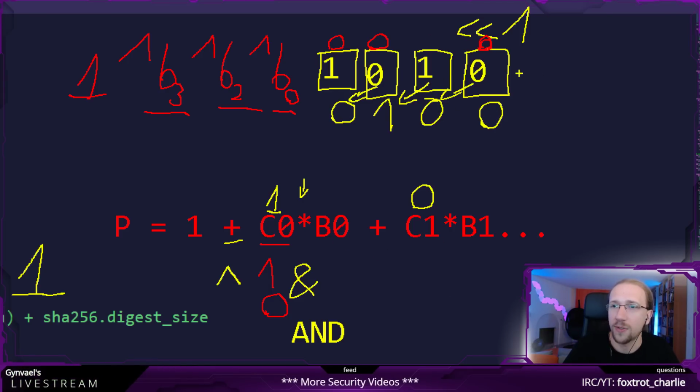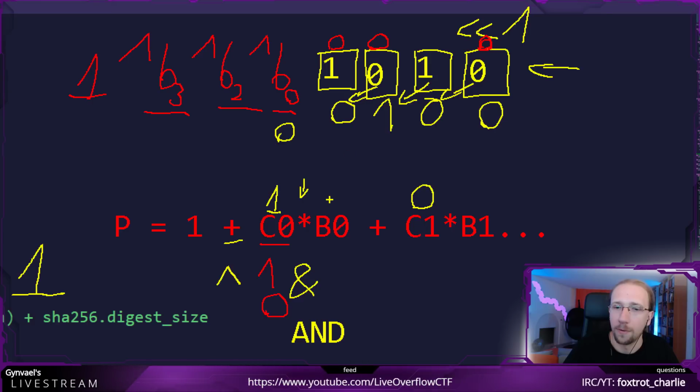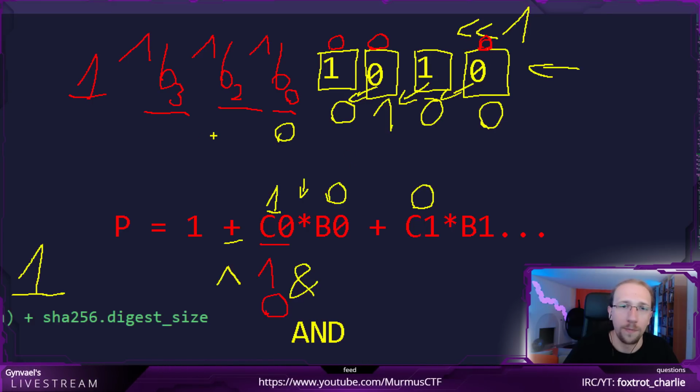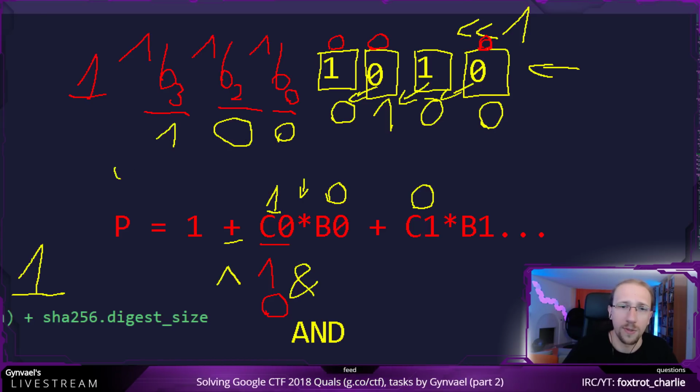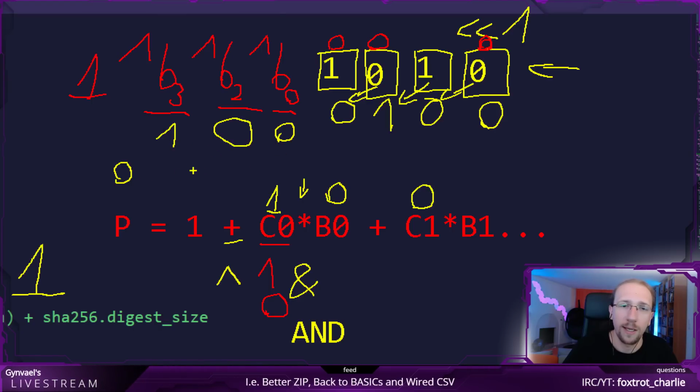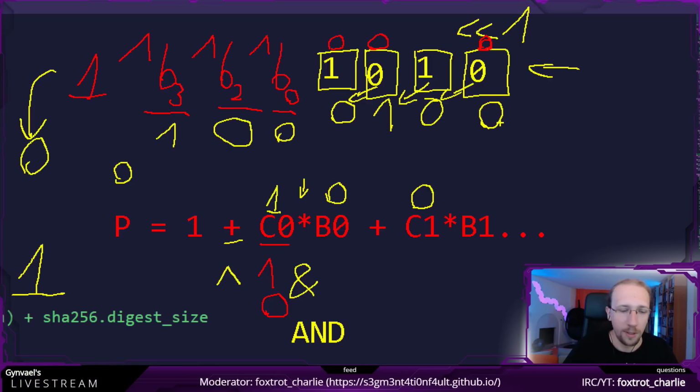So in our case, and please look at this row, b0 is 0, so here we would put 0, right? Then we have b2 being 0, so this is 0, and b3 being 1, so this is 1. So what we XOR is 1 XORed with 1, and 1 XORed with 1 gives us 0, and 0 XORed with 0 gives us 0, and the result here would be 0 actually, we put it here.